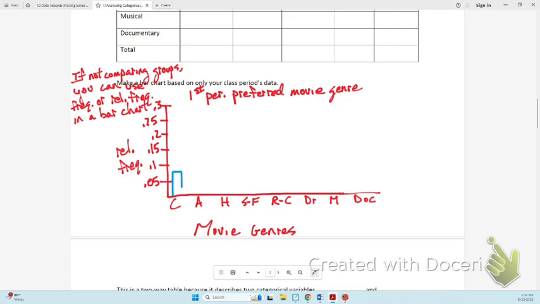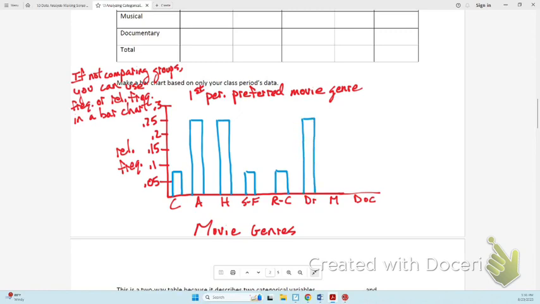In a bar chart, the bars should not touch between categories. And then 0 and 0, so nothing.